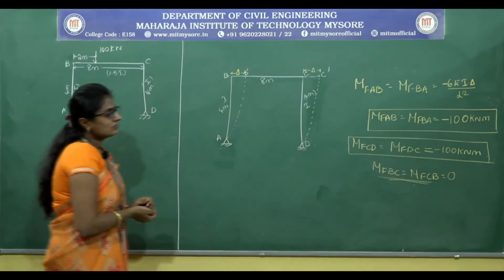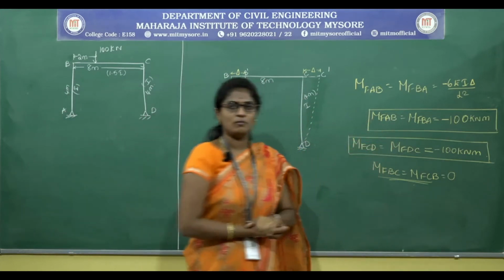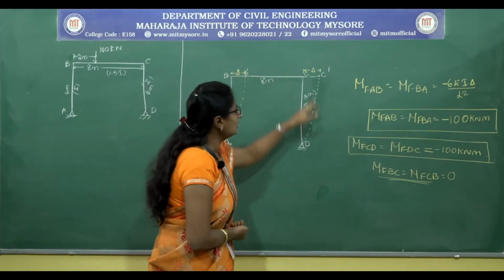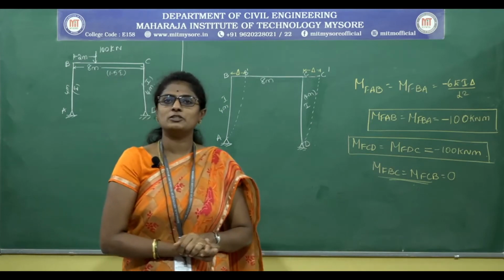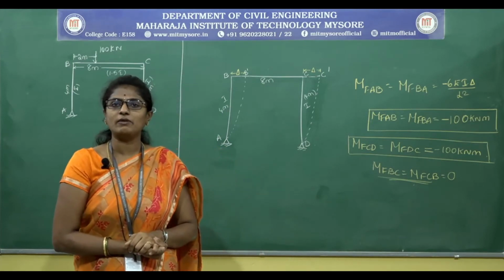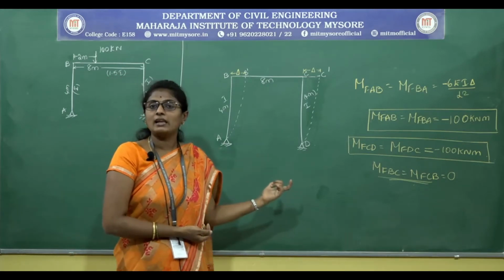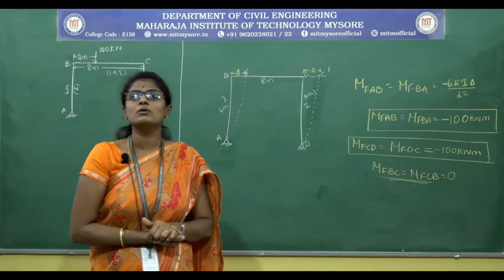So now, by considering these as the fixed end moments and by neglecting all the loadings on the frame, we need to draw the moment distribution table and calculate the final end moments. So that moments which we calculate will be the moments obtained due to sway.